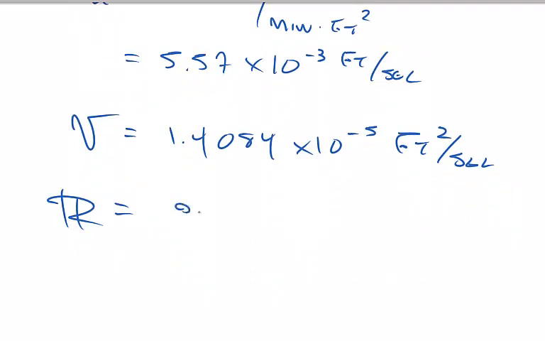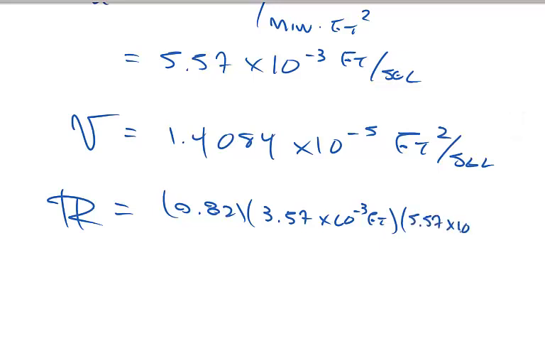So we've got our shape factor, 0.82, that's there. We've got our geometric mean diameter we calculated, 3.57 times 10 to the minus 3 feet. Then this is our approach velocity that we just calculated, 5.57 times 10 to the minus 3 feet per second.